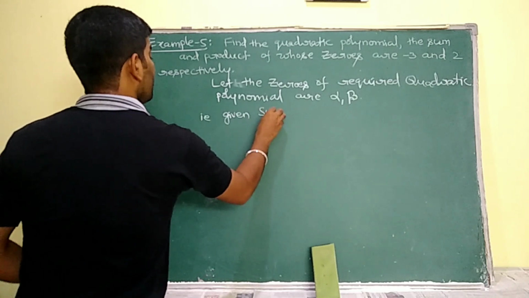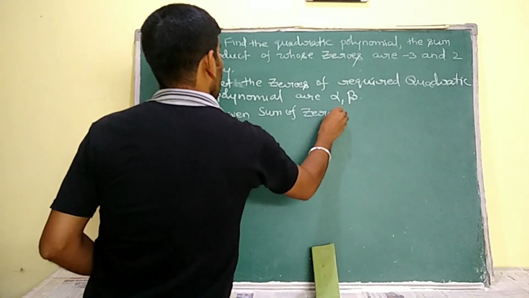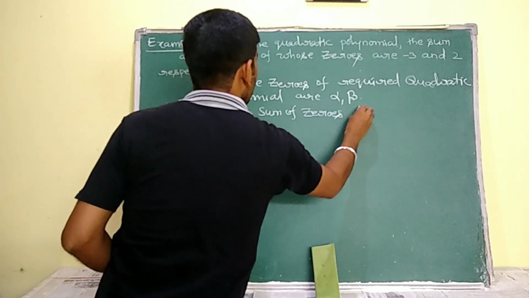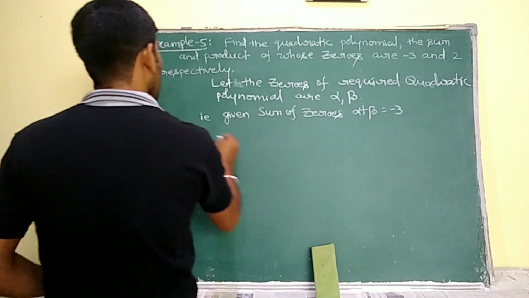Given sum of zeros, alpha plus beta is equal to minus 3.